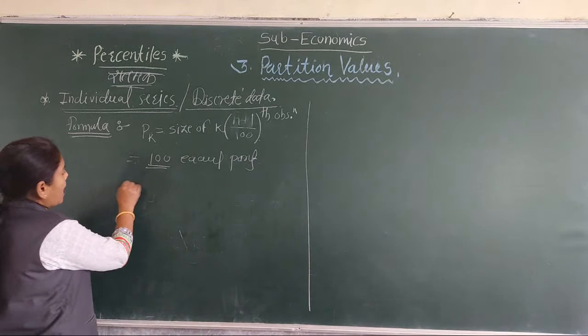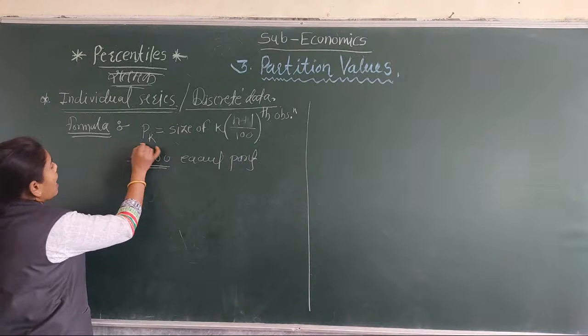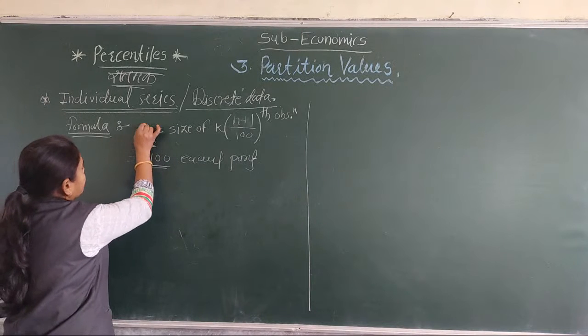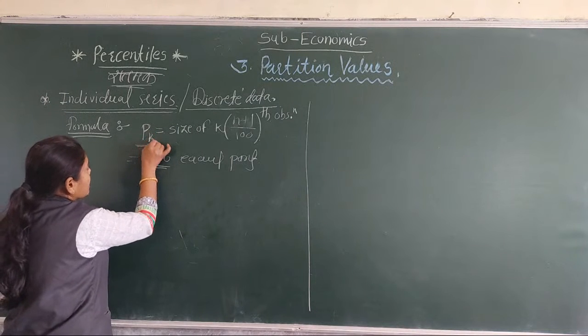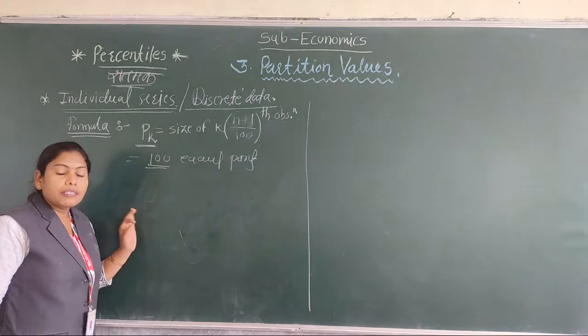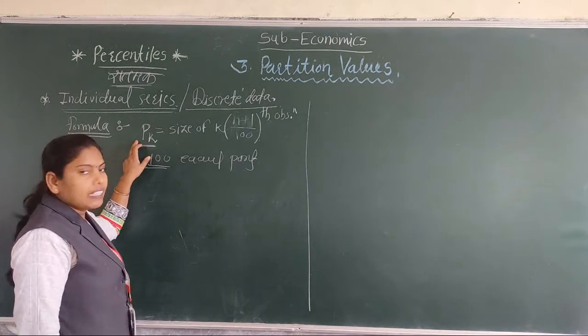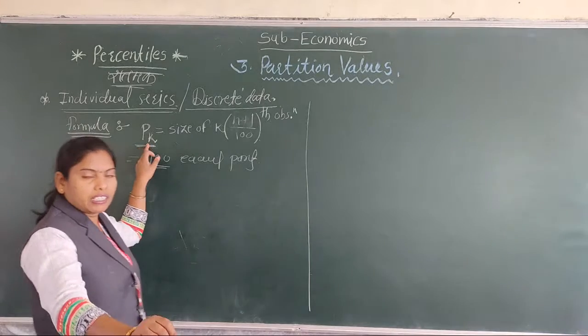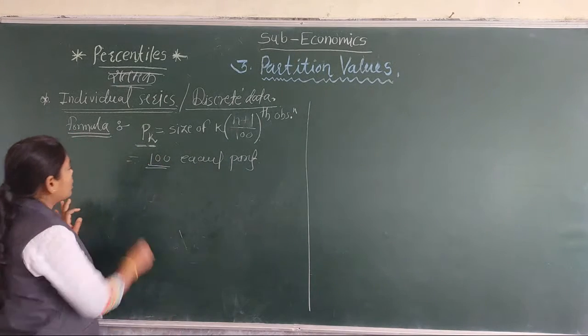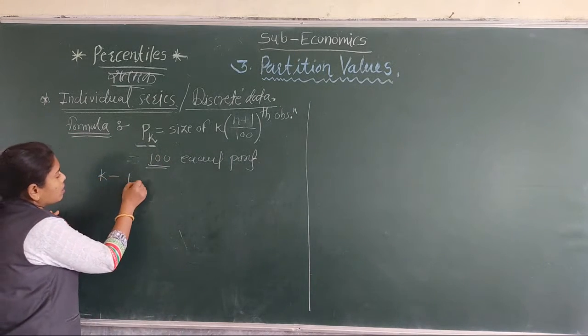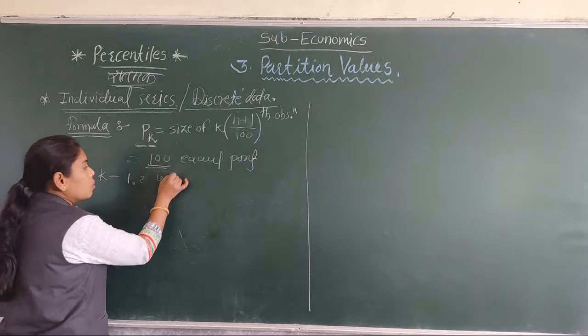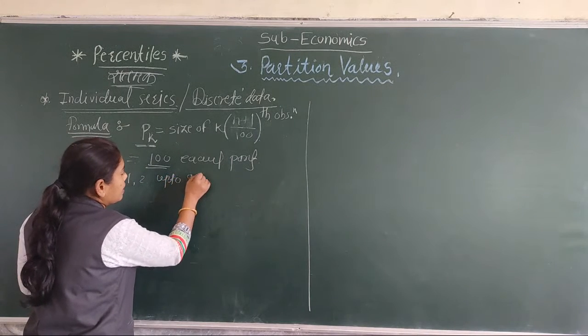It is denoted as P_K, which means percentile, where K is the numerator. It shows points from 1 up to 99.